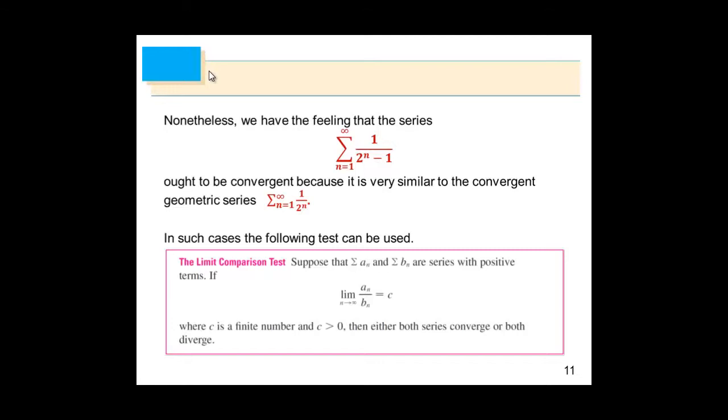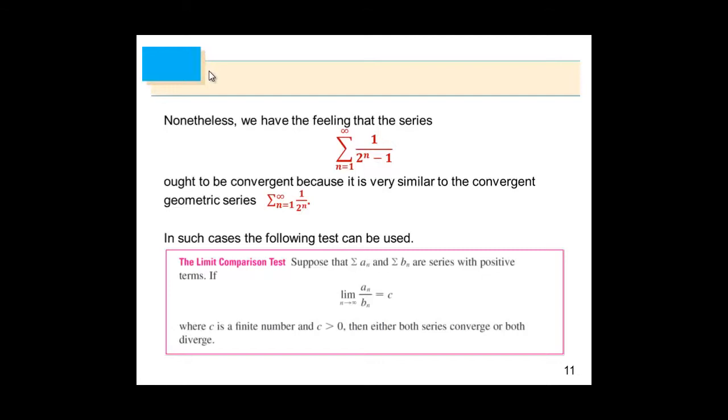So now, if I try to use this inequality, every term of the given series is bigger than the corresponding term of a convergent series. Well, that doesn't tell me anything. If I could show that every term is bigger than the corresponding term of a divergent series, then I could say that my series is divergent, right? But we are guessing that our series is convergent in this case. So what should we do?